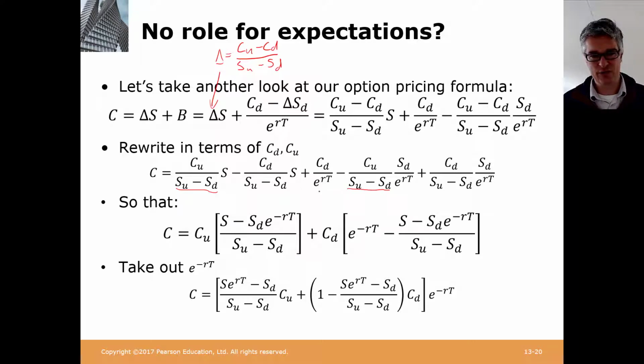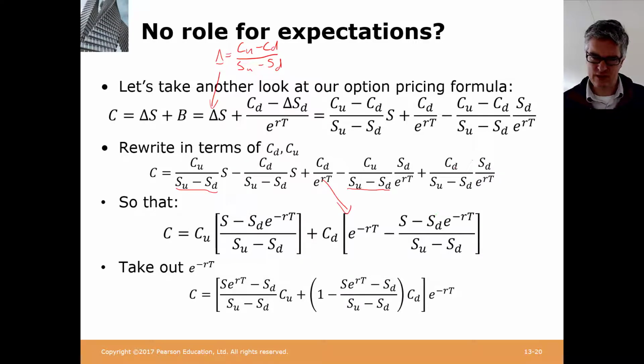Let's see if we can do the same for the CD terms. So here we have CD times e to the power minus RT, so that's this part right here. And then we also have CD times SD over e to the power RT.